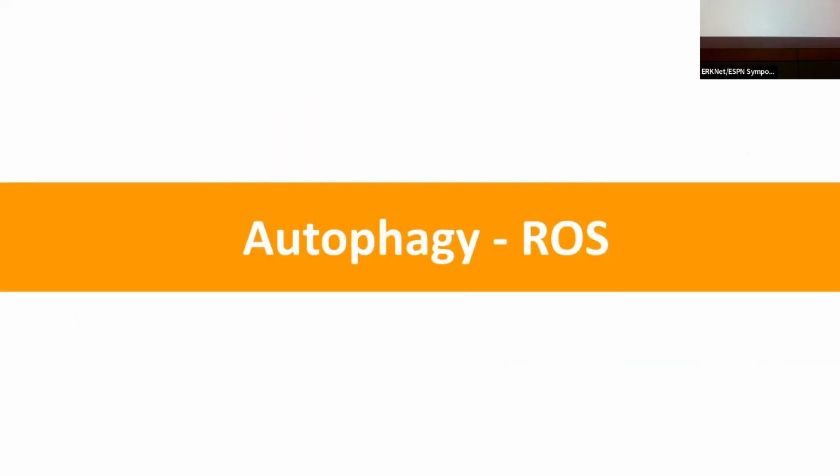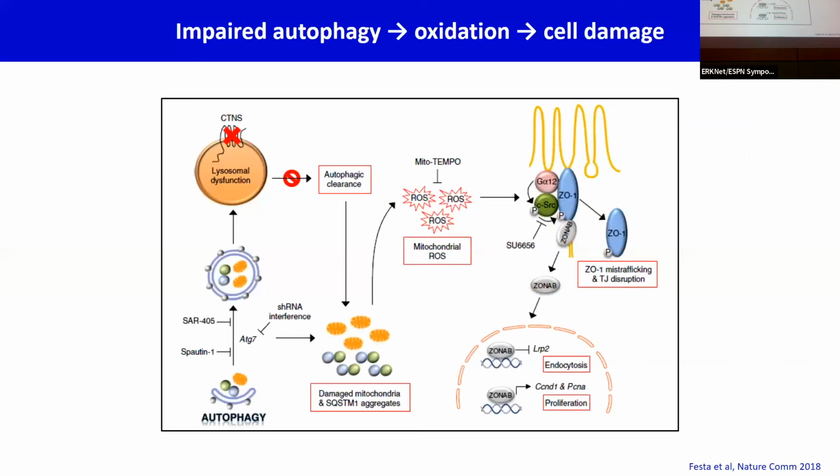The other aspect of the pathophysiology of cystinosis that has been addressed is the one of impaired autophagy and oxidation. And a number of laboratories have studied this pathway. I think the one that has done this more thoroughly is the laboratory of Olivier Devuyst in Zurich, of Alessandro Luciani, who is here in the room.